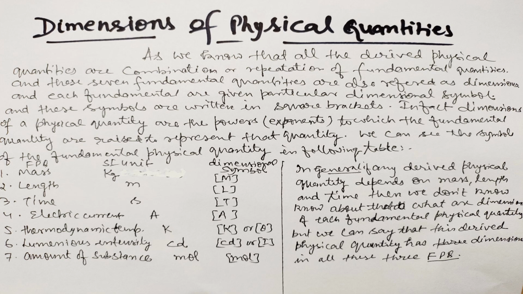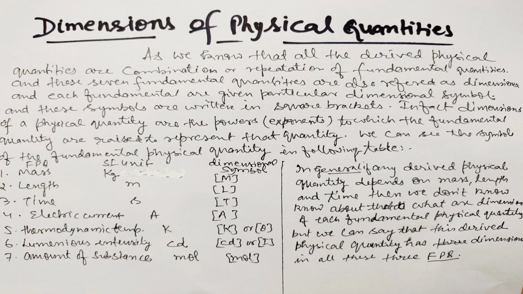Now, how will we write these dimensions and what are these dimensions? In general, any derived physical quantity depends on these seven fundamental physical quantities: mass, length, time, electric current, temperature, luminous intensity, and amount of substance.